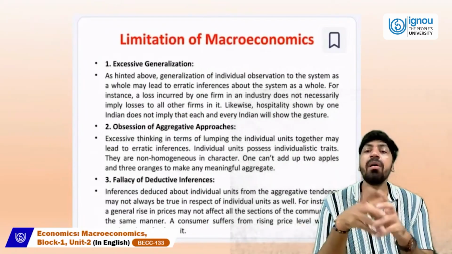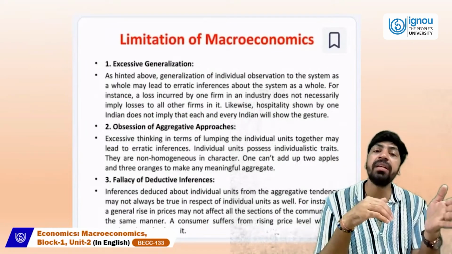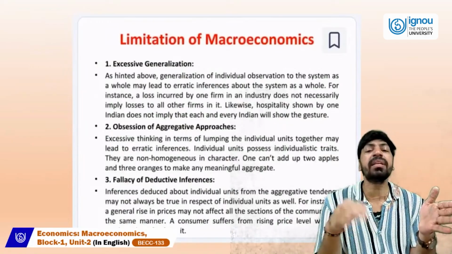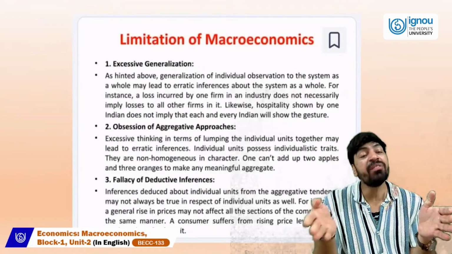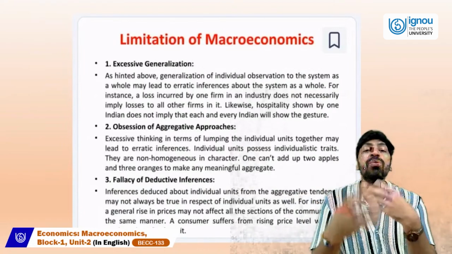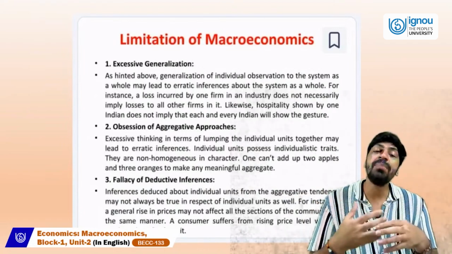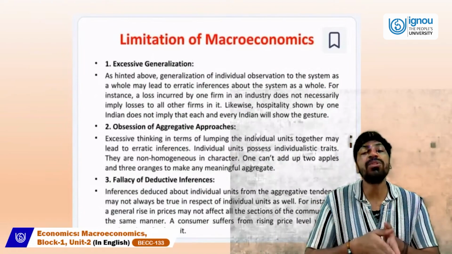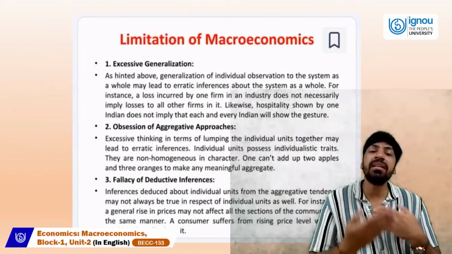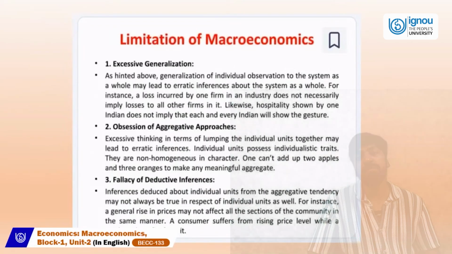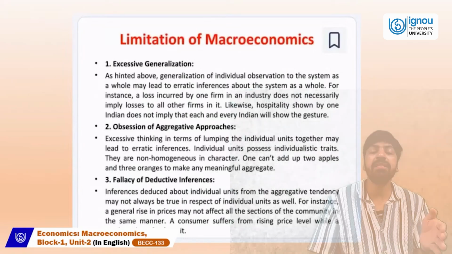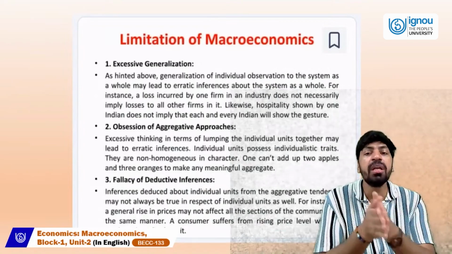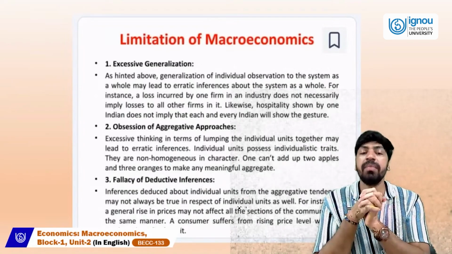If we talk about the hospitality shown by one Indian, it does not necessarily imply that every Indian shows the same gesture and the same respect to everyone. So that is also one of the limitations of macroeconomics, where generalizing an individual observation to a system can create a havoc about the whole system.